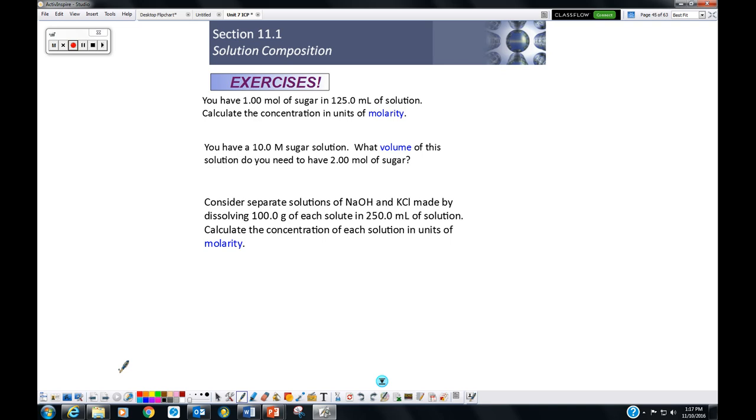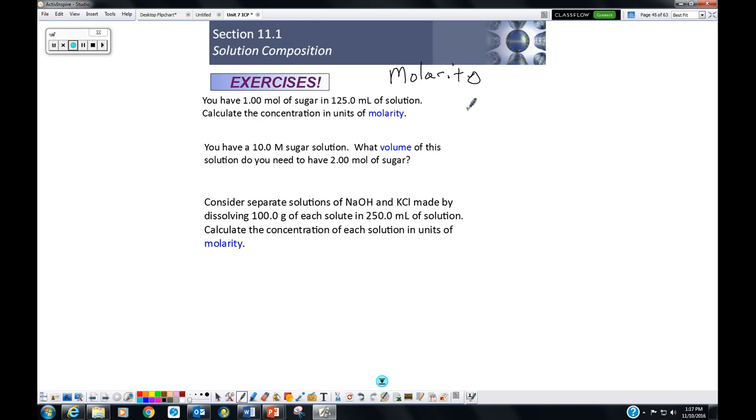Let's look at this real quickly. All right, so this would be an example of molarity. You have 1 mole of sugar in 125 milliliters of solution. Calculate the concentration in units of molarity.